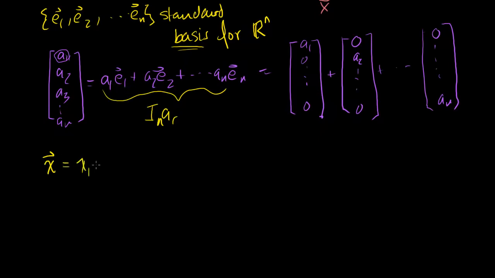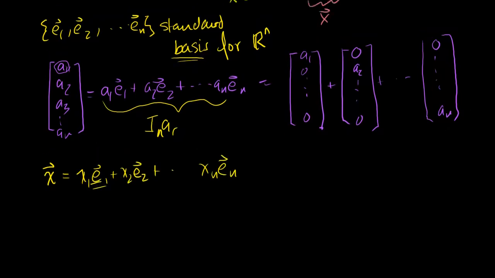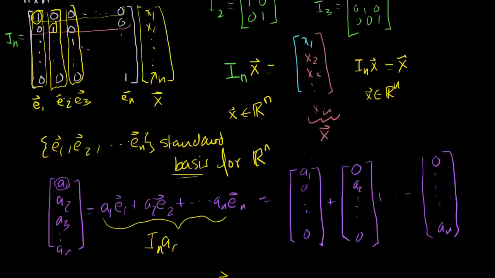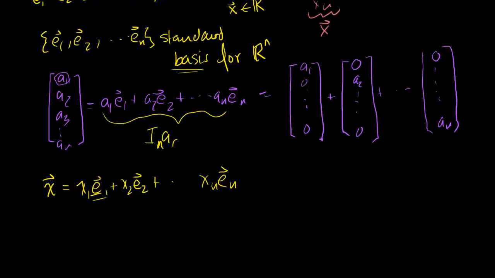So I can write that as x1 times e1 plus x2 times e2, all the way to xn times en. And remember, e1 is just 1 in the first entry, and all the rest are zeros. e2 is a 1 in the second entry, and everything else is 0. e5 is a 1 in the fifth entry, and everything else is 0. And this I just showed you, and it is a bit obvious from this right here.